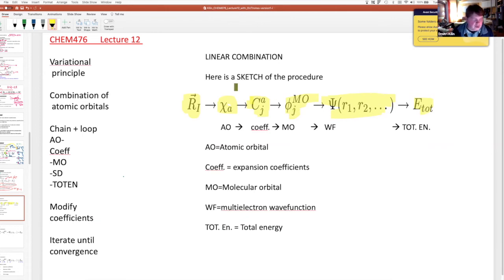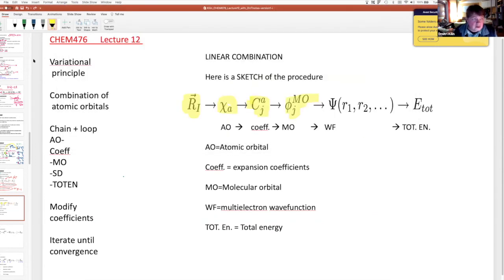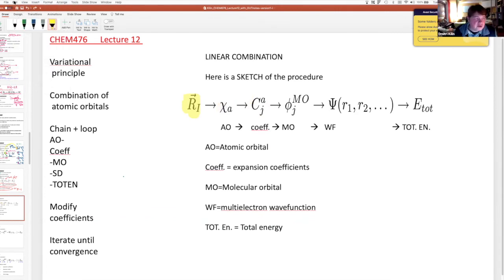By the way, before we go forward, let me undo. Control Z. I know, but my keyboard is not reliable. And one more undo.